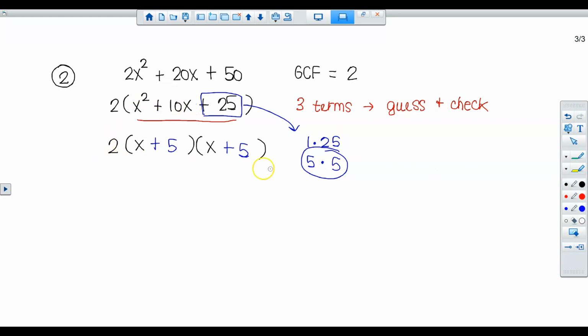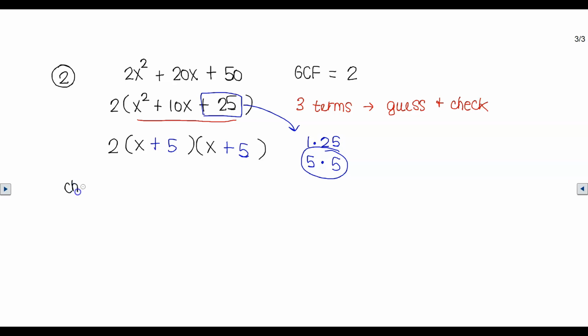So here is my guess. I think my multiplication problem needs to be 2 times x plus 5 times x plus 5. So now we're going to check this. Okay, so I've got my 2, and I'm going to do x times x, which is x squared, x times 5, which is 5x, 5 times x, which is 5x, and 5 times 5, which is 25.